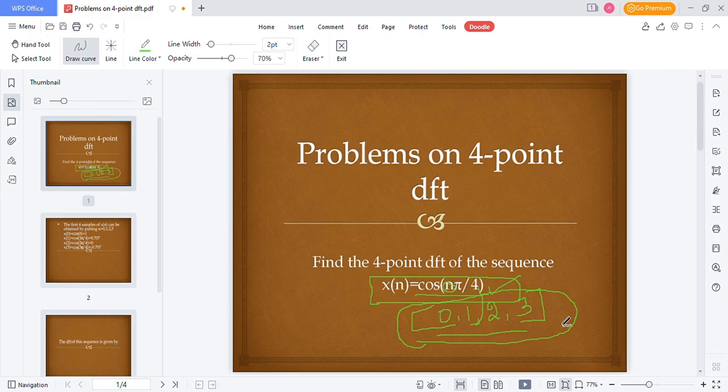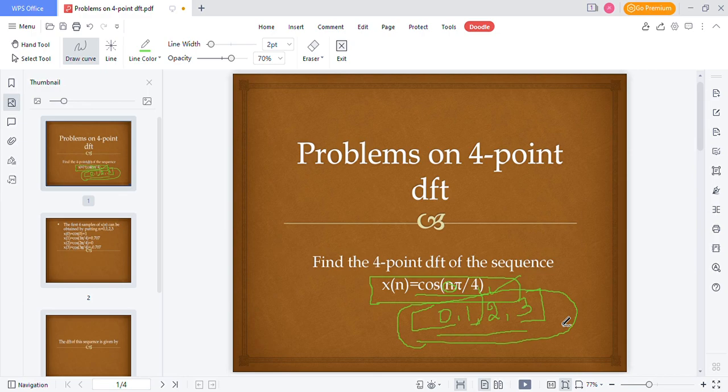Circuit and control is the more difficult subject. You have to work more and more problems. For circuit and control, you have to work on more and more circuits, more networks, and more block diagrams. But here, if you just understand the procedure, you can do it for any type of problem that comes, right?